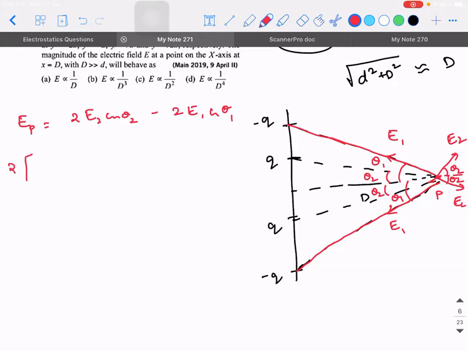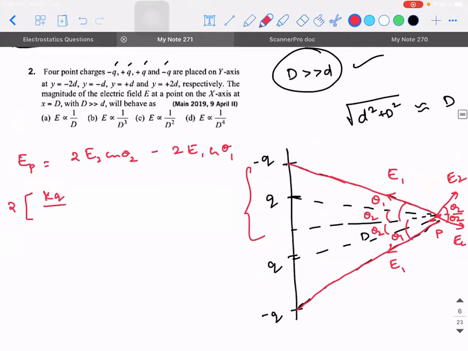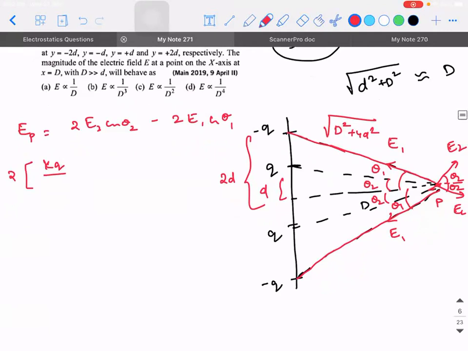So 2 times, what is the value of E2, guys? It is K times Q divided by, how much is this distance? This is 2d and this is d and this is capital D. So this distance will be root of D square plus 4d square. And E2 will be how much? Root of D square plus small d square.